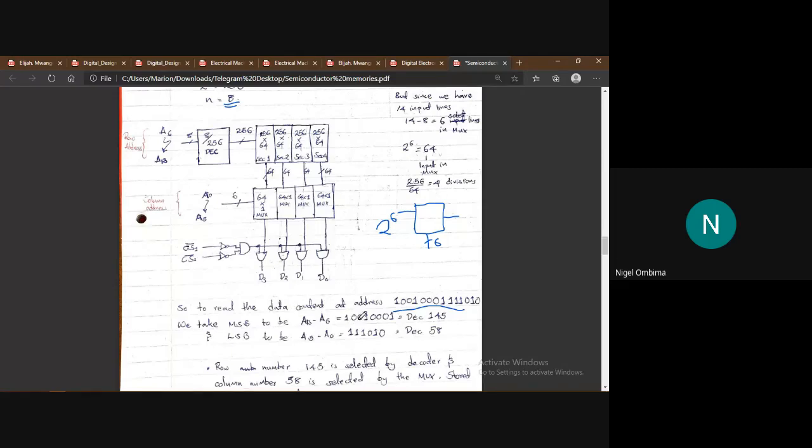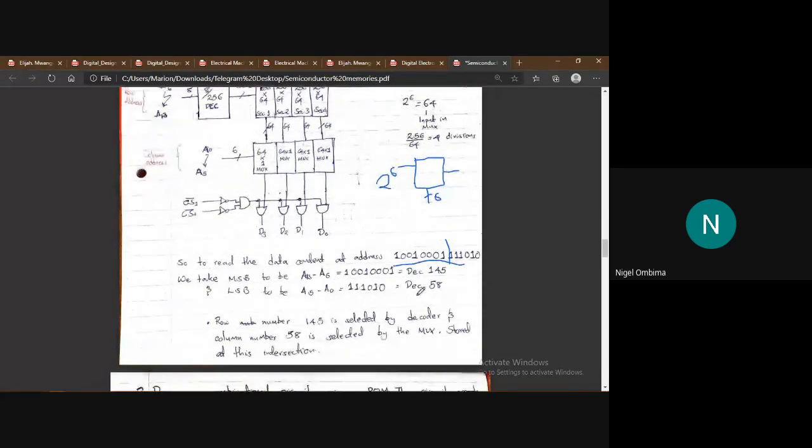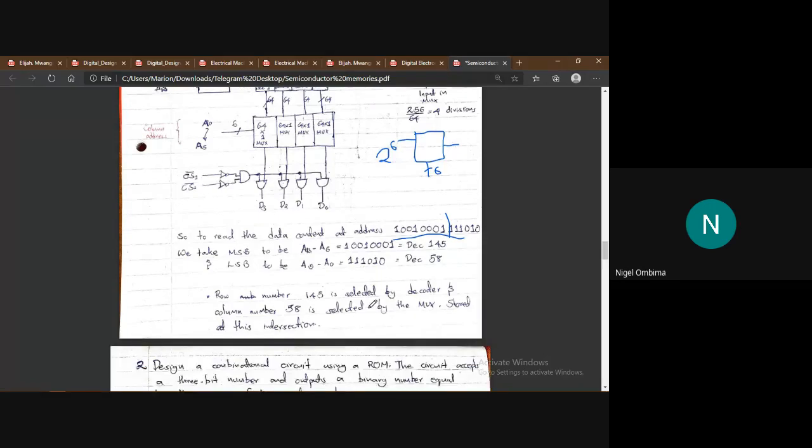So this one, 10010001, is decimal 145. The least significant bit is decimal 58. So our row number from the decoder is 145, and our column number is 58. So our data will be stored at that location, and if you want to read that data, you will get it at that location.